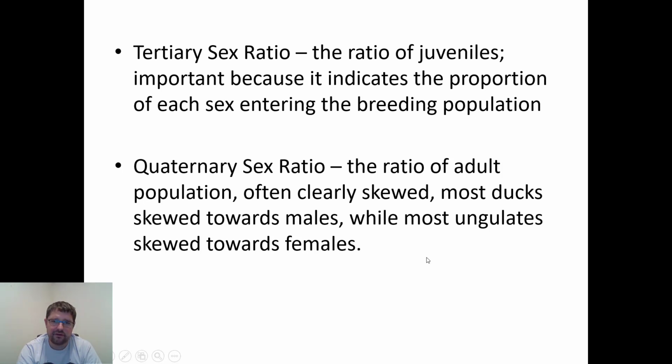But even in quaternary sex ratio, again, for a lot of birds, there are more males than there are females, and that will often be the result of either a tertiary sex ratio, secondary sex ratio, or even a primary sex ratio skewing that towards males, because males in birds are the beautiful, the brightly colored, the ones that sing. Okay, they're out there. They're often the ones that are expressing themselves, and they get picked off by predators more often.